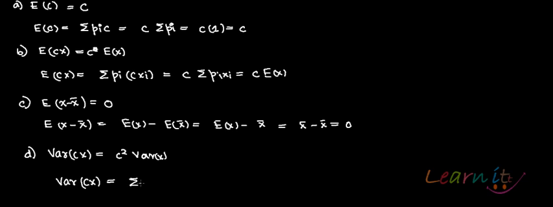It is summation of pi into xi minus x bar. In this case it is cx, so it will be cxi minus c x bar. It should be rather i here. Okay, square, which would be equal to what?